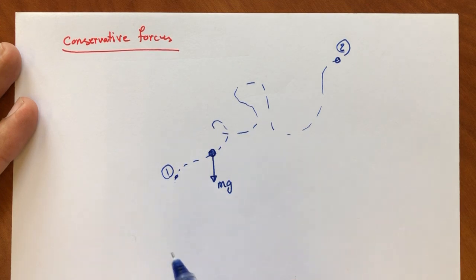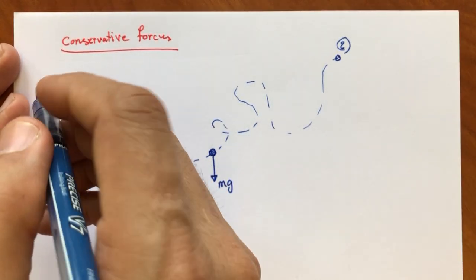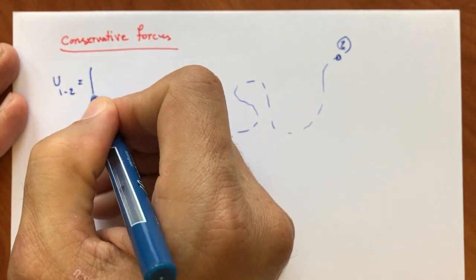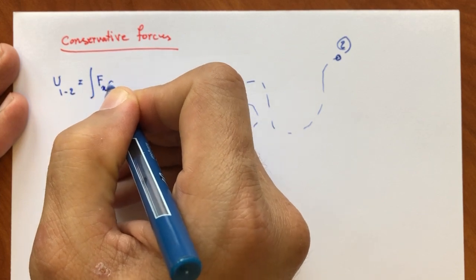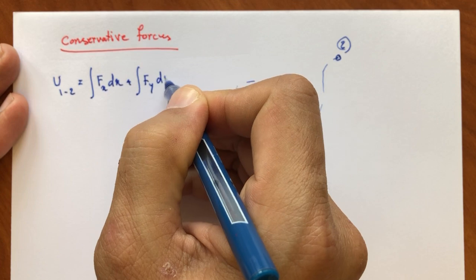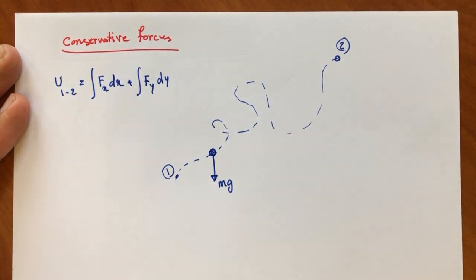So how can I do that? Based on the equations I just derived, work of gravitational force from 1 to 2 is going to be equal to integral of fx dx plus integral of fy dy. X component and y component of the force separately.